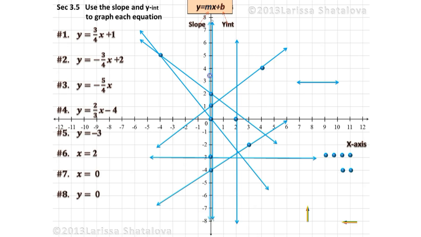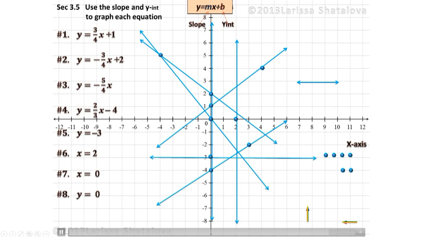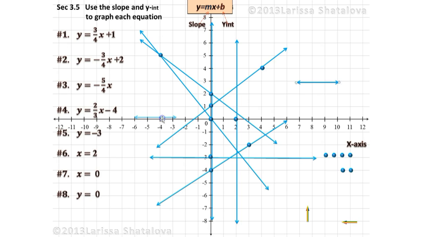Okay, I have to move. Almost good. And then y equals 0. This is practically a horizontal line, and it's on the x-axis, but it's hard to show.